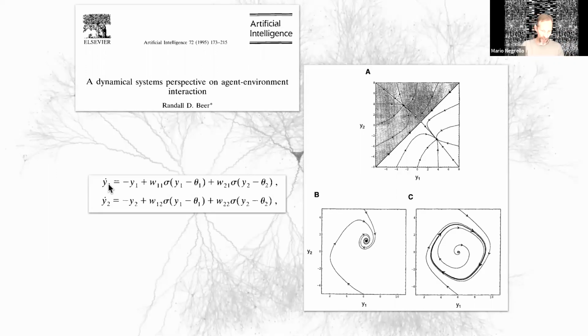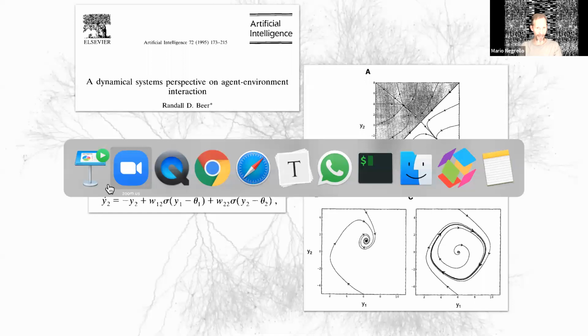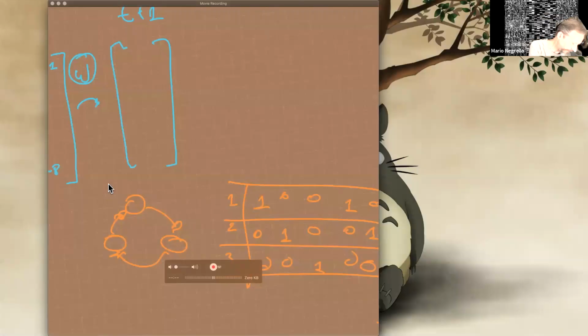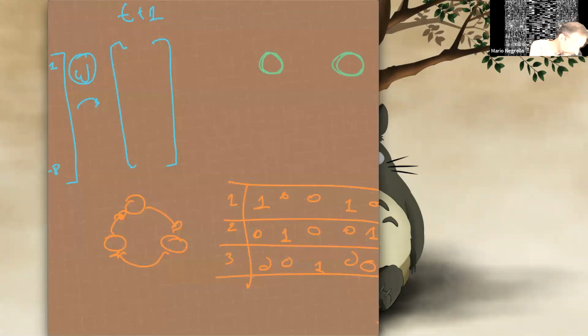And so the structure of this particular network looks like this. In green, neuron 1, neuron 2, neuron 1 maps to 2, neuron 2 maps to 1, neuron 1 maps to itself, neuron 2 maps to itself. That's basically the equation we just saw before.